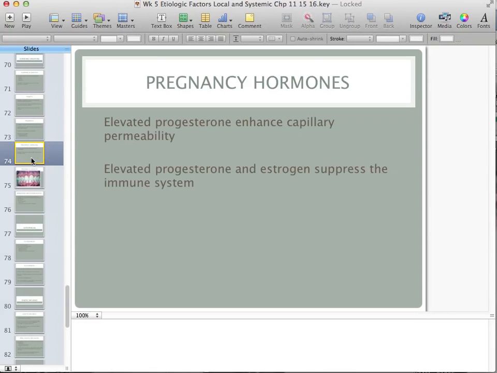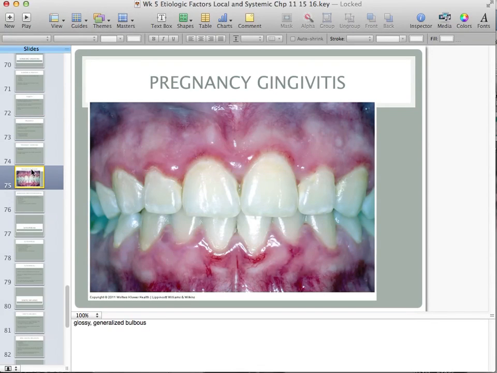So, elevated progesterone enhances capillary permeability, and progesterone and estrogen also suppress the immune system. So if you have a lot of estrogen and progesterone going on, you have a less strong immune system, which makes sense because when you're pregnant, those hormones are going crazy. And when you're pregnant, you can get sick easier, you can have issues with your immune system, and so that makes sense. It suppresses the immune system.